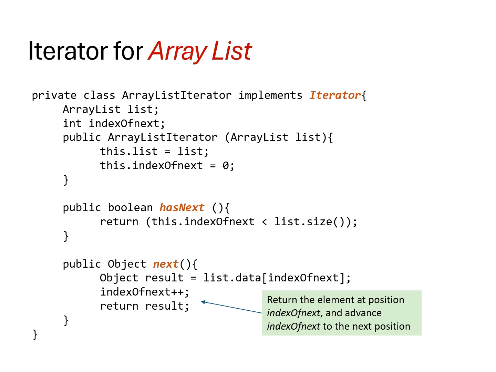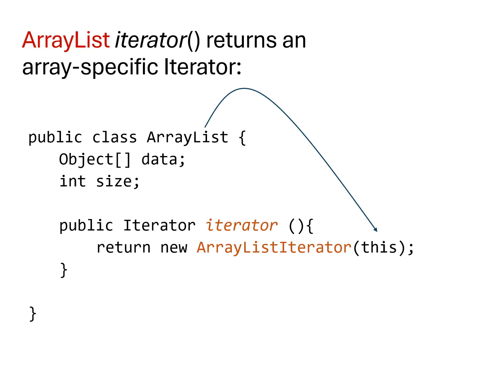At the same time, we advance the indexOfNext to point to the next position in the array. The method iterator inside the array list will return a new instance of this particular array list iterator and pass to it as a parameter the array list itself.